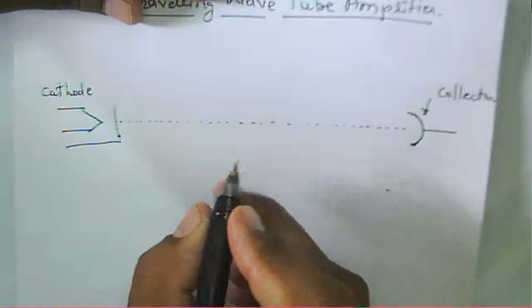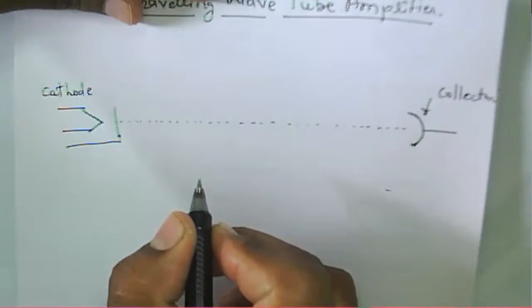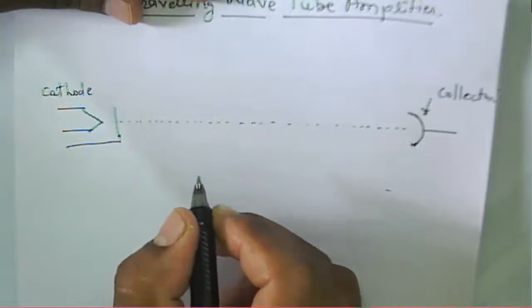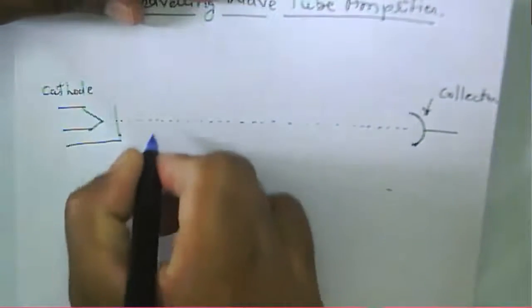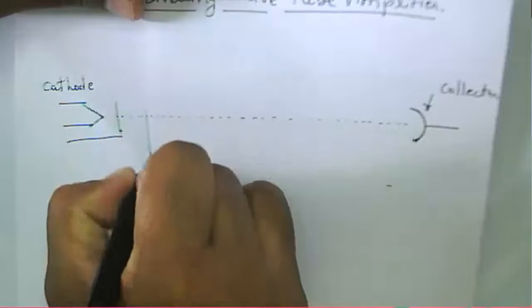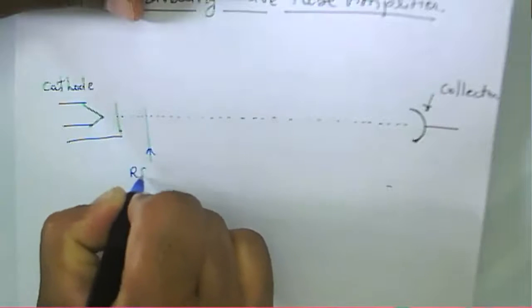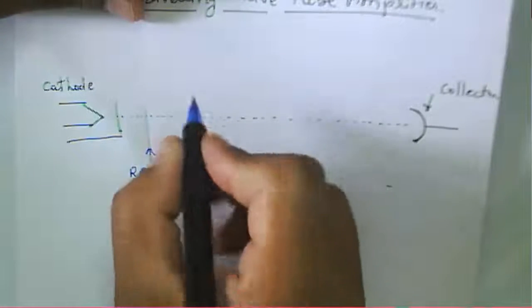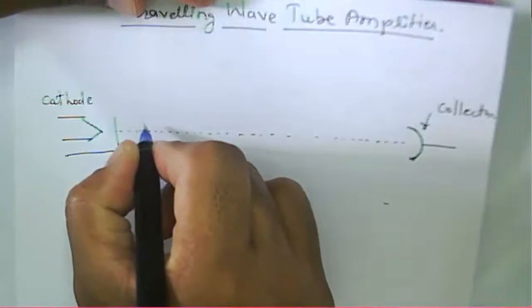Then we require a helix here. We use the helix because we are providing the RF input, which is used for the amplification.